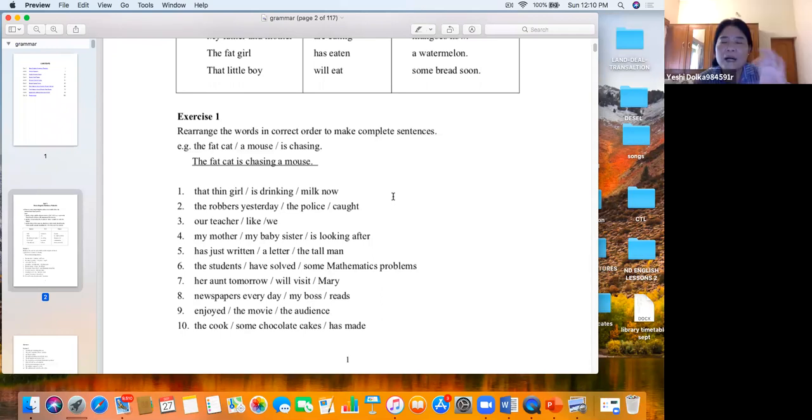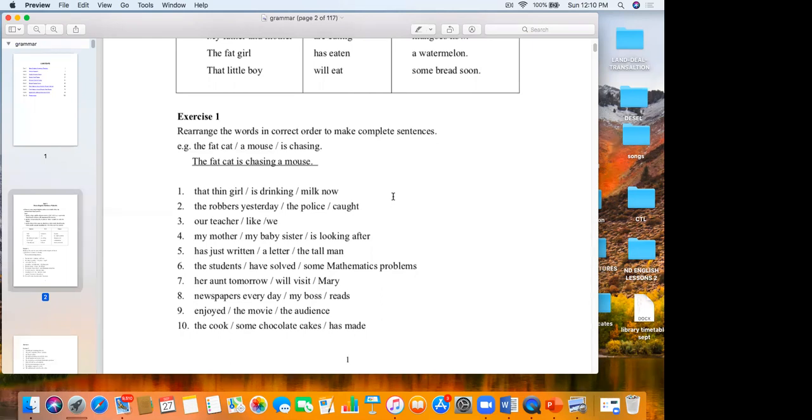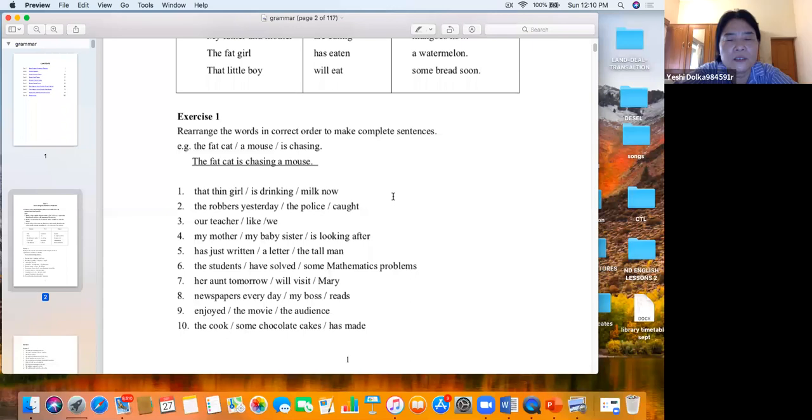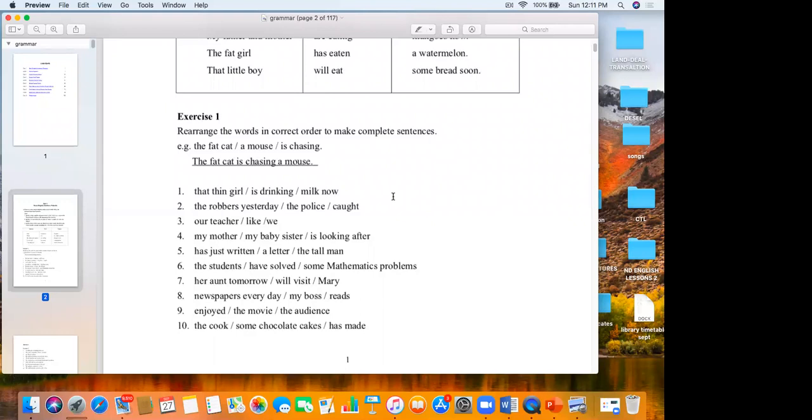How does the meaning change? All right. The cook made some chocolate cakes. The cook has made some chocolate cakes.